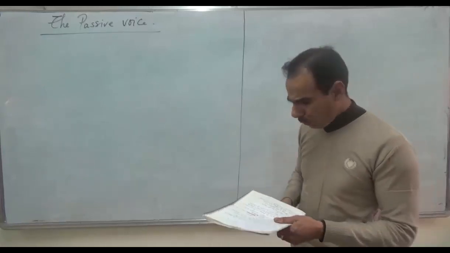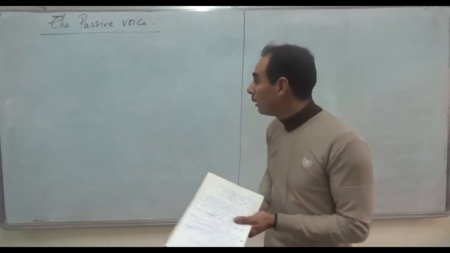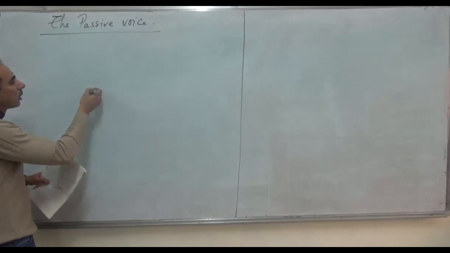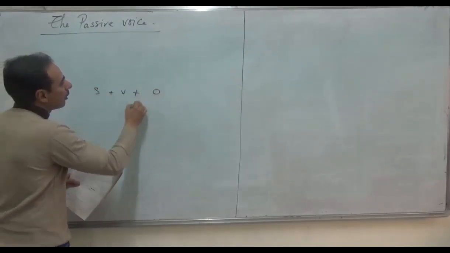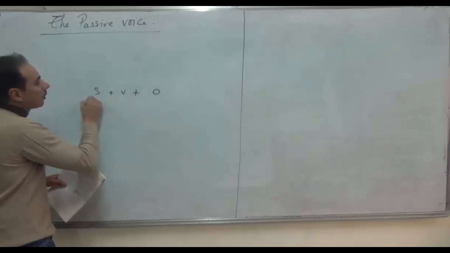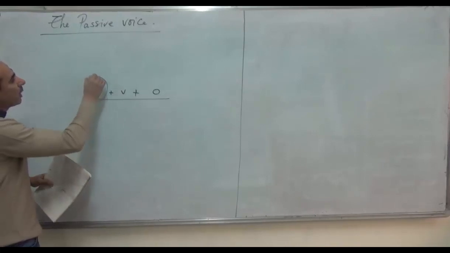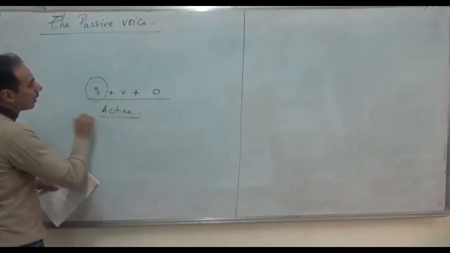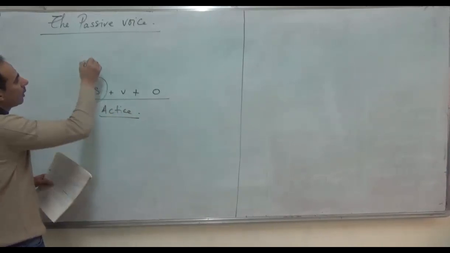First, the active, of course, generally is the sentences we use most. Generally, we have a subject, a verb, and an object. You can consider that this subject, when the sentence is in the active form, comes first, is put at the beginning.